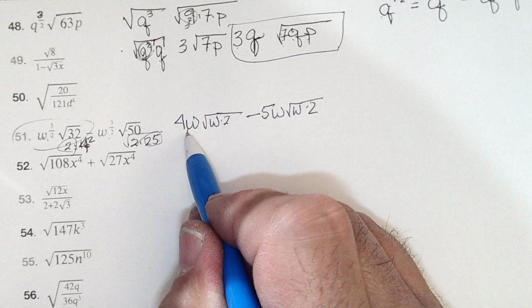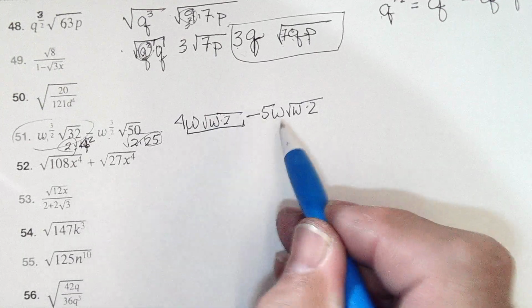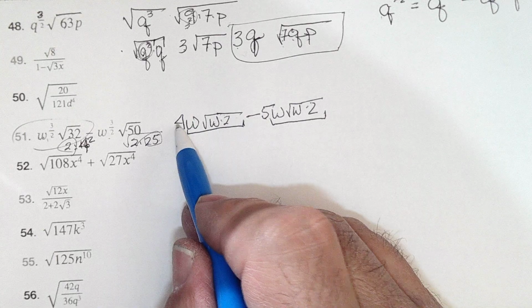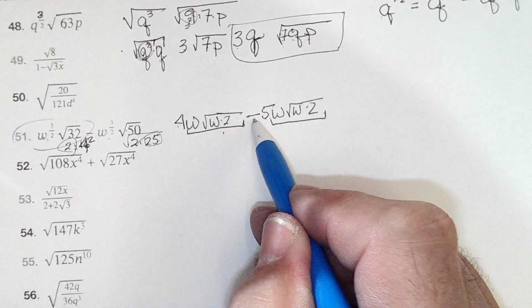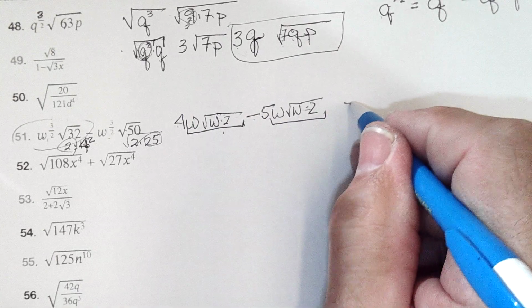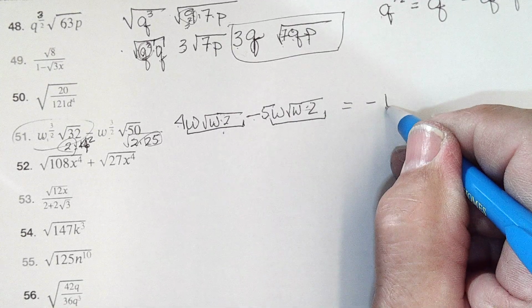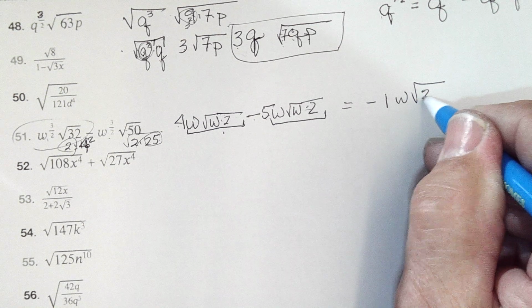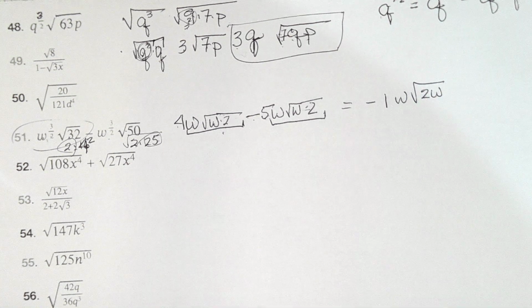And now, since this part here is exactly the same as this part, we've got 4 of those critters minus 5 of those critters ends up with minus 1 of the w square root of 2w.